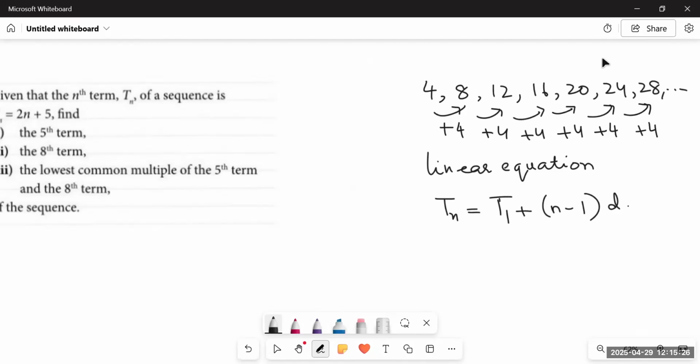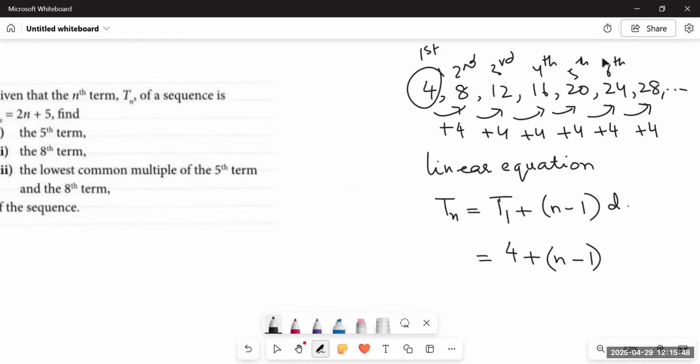You can take any term. T1 means the very first term. So I can write 4 over here, plus n means the position. This is the first term, second term, third, fourth, fifth, sixth, and so on. So these are called the nth terms.